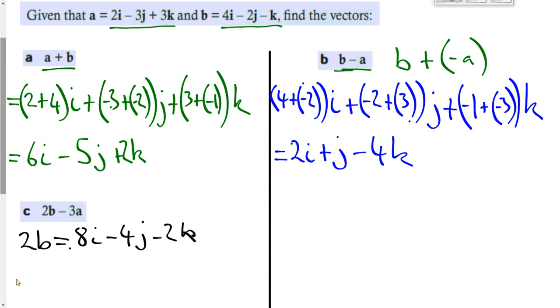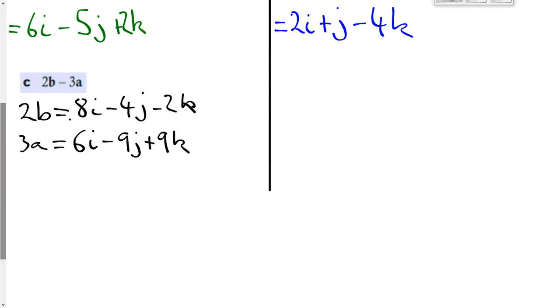And then 3A is going to be, 2 3s is 6I minus 9J plus 9K. Okay, now we're going to subtract then.